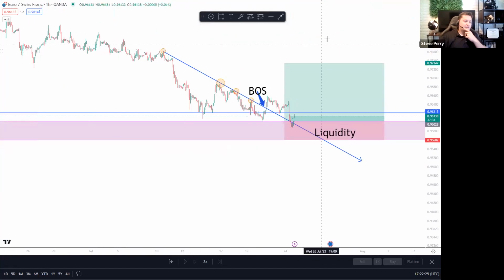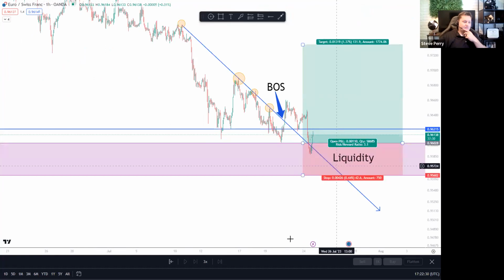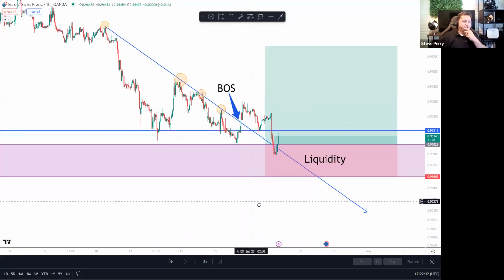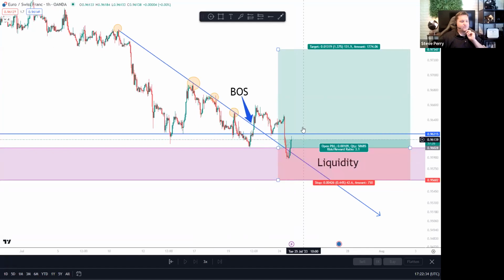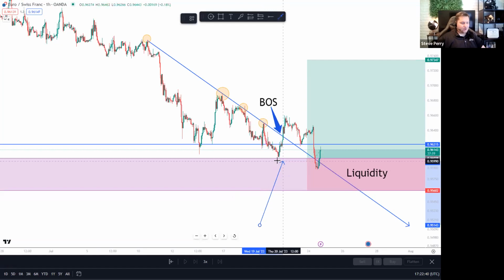Now you fast forward to here, and now it makes sense that there's liquidity right in here. It also makes sense that there's liquidity in here because if you think about it, if you're a buyer, most buyers probably had their stop losses just below this low. So if most people had their stop losses here, that means they exited their buy positions.